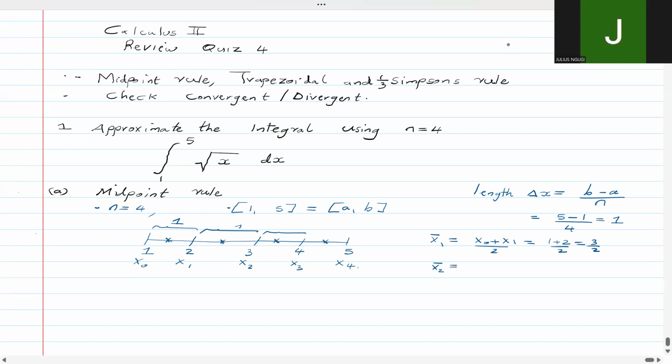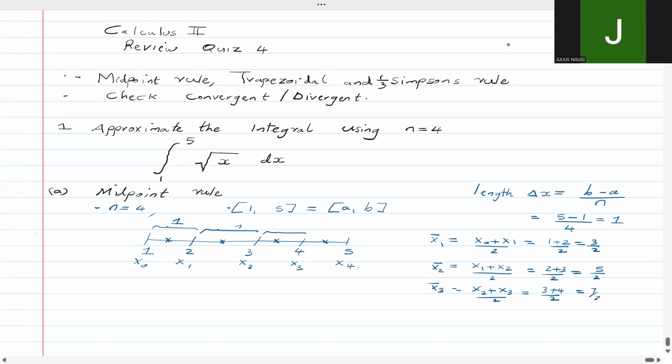To find the one between 2 and 3, let's denote it x2 with a bar. We have x1 plus x2 divided by 2, that is 2 plus 3 divided by 2, which is 5/2. The one between 3 and 4 is denoted x3 with a bar, x2 plus x3 divided by 2, which is 3 plus 4 divided by 2, that is 7/2.